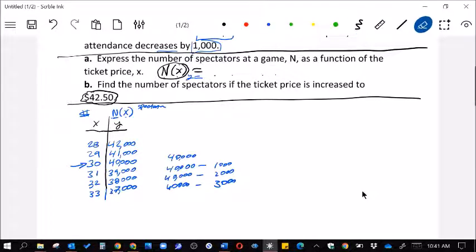Well, I'm going to rewrite this. Instead of 2,000, that's actually 1,000 times 2, the number of times that we have increased the ticket price. This one, I'm going to put the 1,000 here, and it's 3, which means this one's a 1.